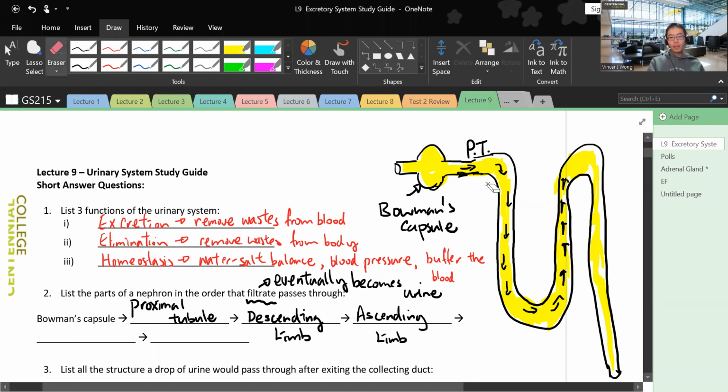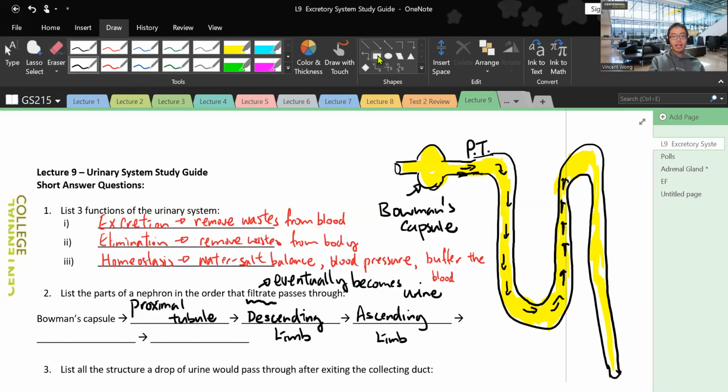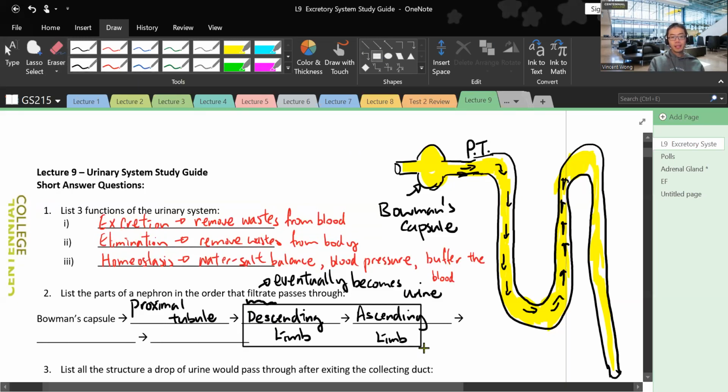Okay, so it makes a U-turn. And this loop here has a name. It is called the loop of Henle. Henle is the person who discovered it, presumably. Okay, so on the way down and on the way up together, it's the loop of Henle. Okay, so after coming up, it's going to go to this part right here. This is the distal tubule.